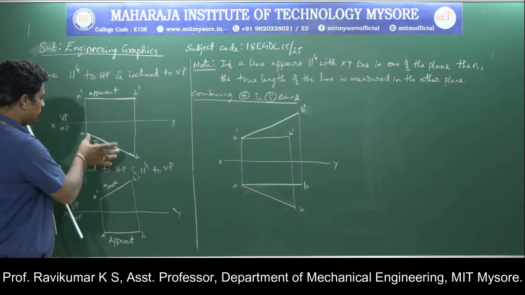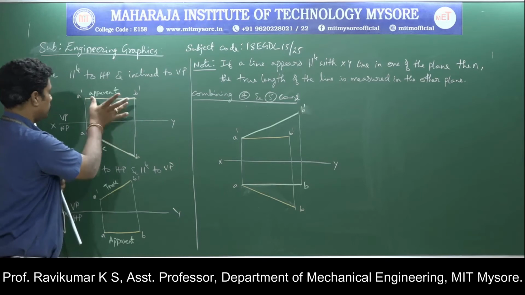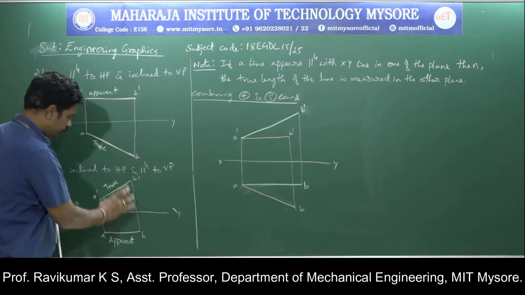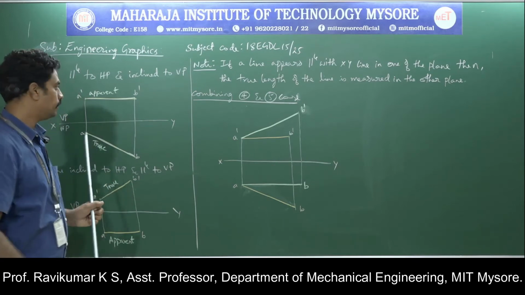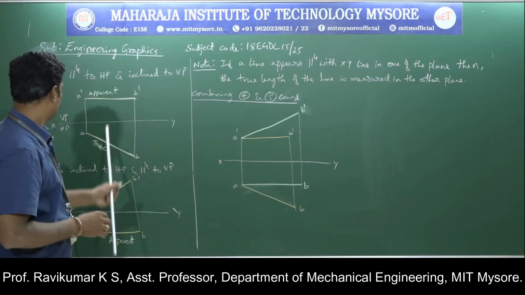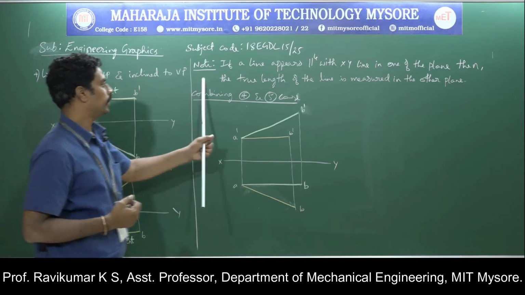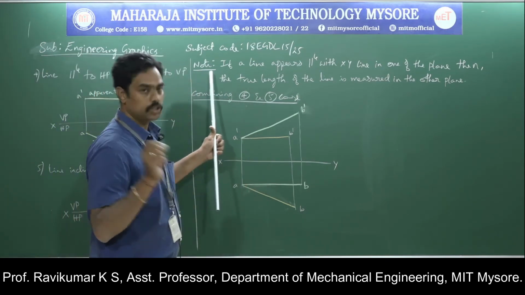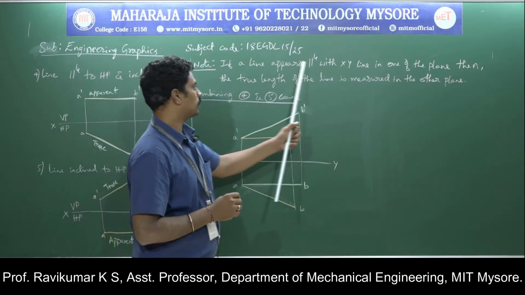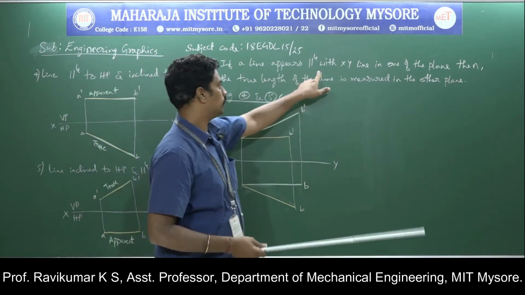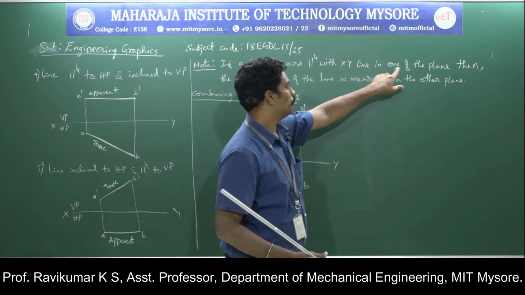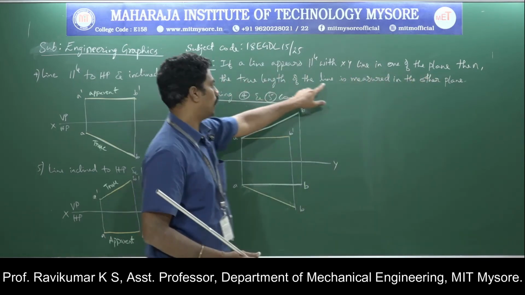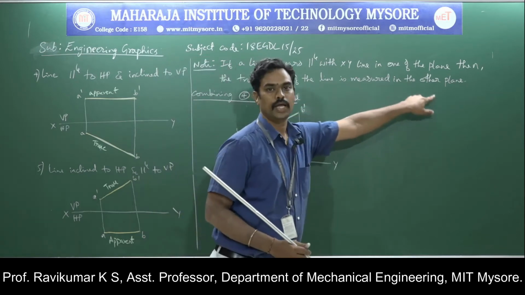So we know that this is the true length of the line and this is the apparent length, whereas here this is the apparent length and this is the true length. So from these two, cases 4 and 5, we can put a statement as a note: if a line appears parallel to the xy line in one of the planes, then the true length of the line is measured in the other plane.